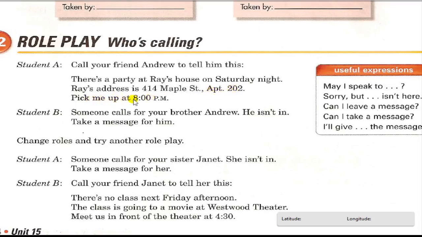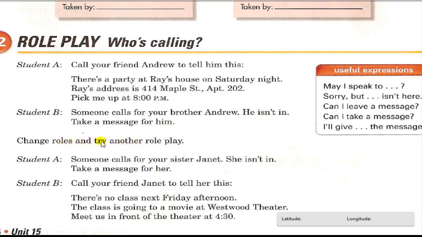Pick me up at 8 p.m. Student B, someone calls for your brother Andrew. He's not in. Take a message for him. So here you try to make a phone call and you take the message for Mr. Andrew.